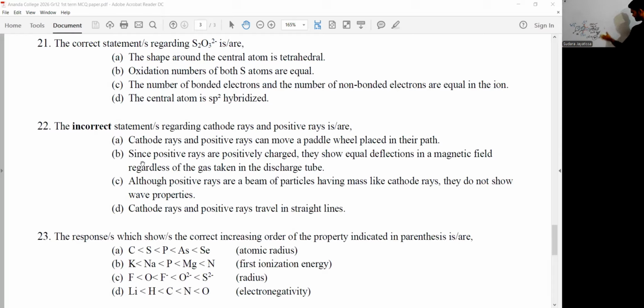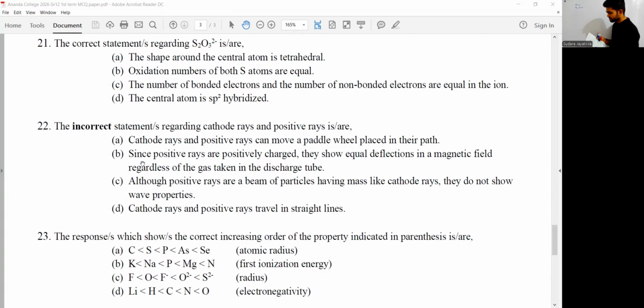Now look at the C statement. Although positive rays are a beam of particles having a mass like cathode rays, that is wrong. Cathode rays are electrons, so their mass is very, very small. So A was correct, B and C both are wrong. Underline that mass-like-cathode-rays part and say it is wrong. And they do not show wave properties.